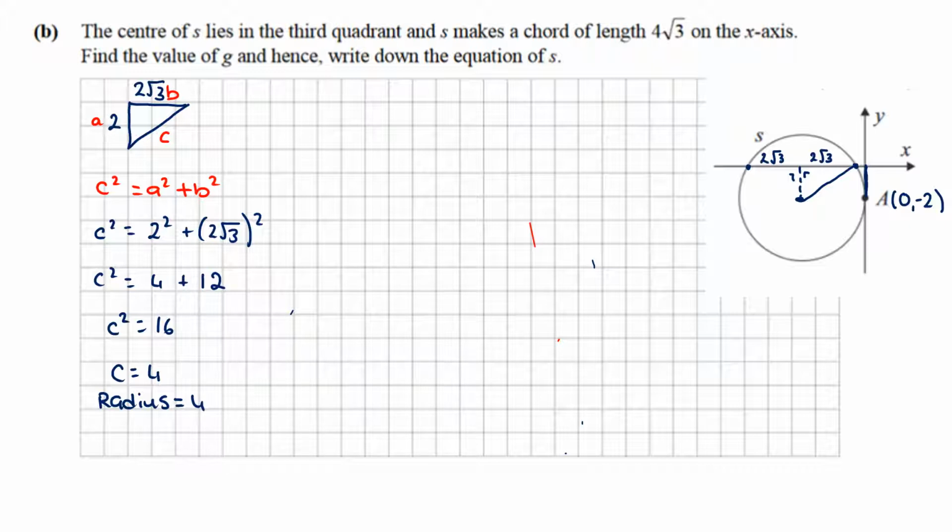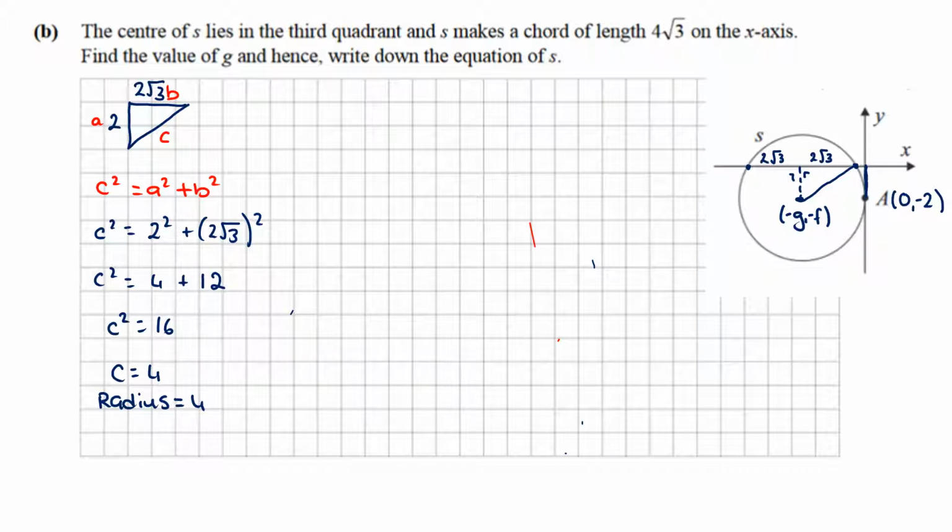At this point we can go to page 19 in our log tables, and we know a lot of information. We can work through it there. However, if we go back to our actual diagram, because we have the y-axis as a tangent, we know that the distance from the y-axis to the center point is going to be r.